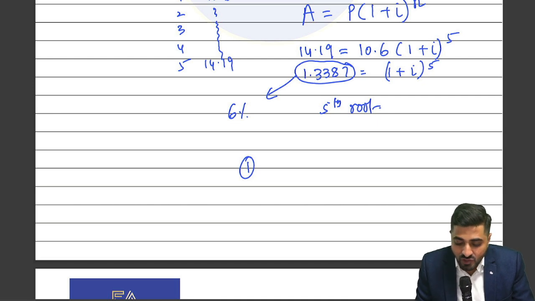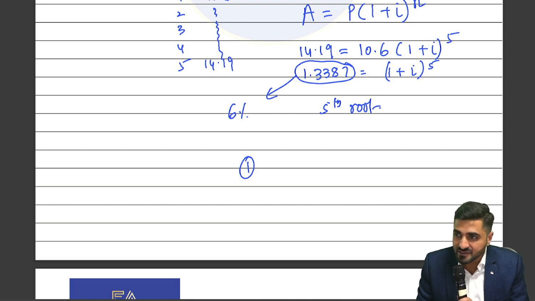First type the number whose fifth root you want to take. You want to take 1.3387. Then what will you do? Press the square root sign 12 times. So a little bit we have to adjust.